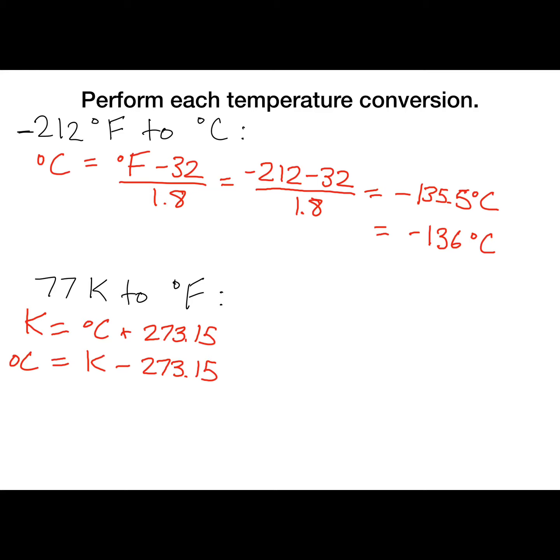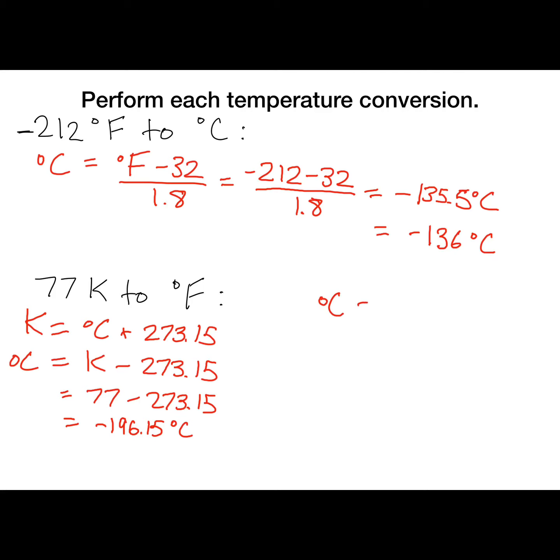Now we input our Kelvin value, so degrees Celsius is equal to 77 minus 273.15, and that is negative 196.15 degrees Celsius. Now we can go from degrees Celsius to degrees Fahrenheit.